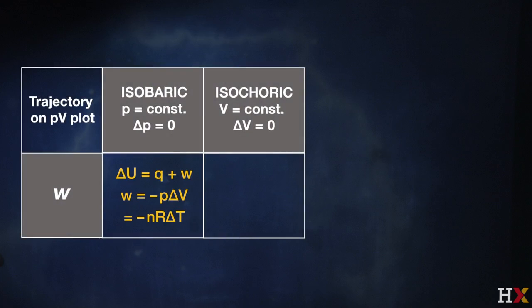Isochoric is even more straightforward, because if the volume is equal to a constant, that means that there's no physical work done. There's no macroscopic change that creates work by virtue of a force times a distance. So there's no distance, so that means that there's no work done. There's no macroscopic work done.